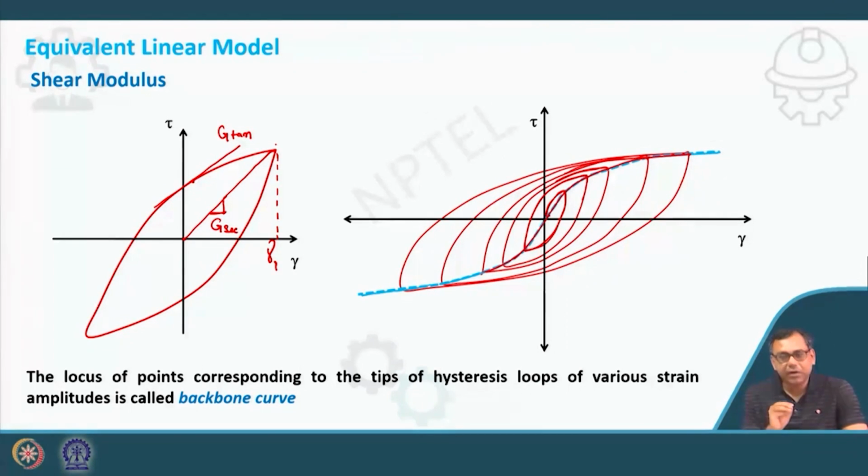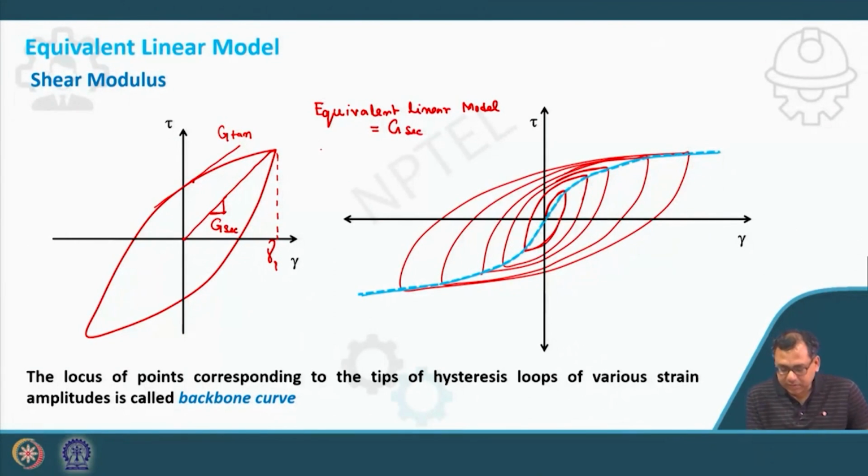In the equivalent linear model, in simplified form, we represent the nonlinearity of the soil, so we use the secant modulus, G sec.